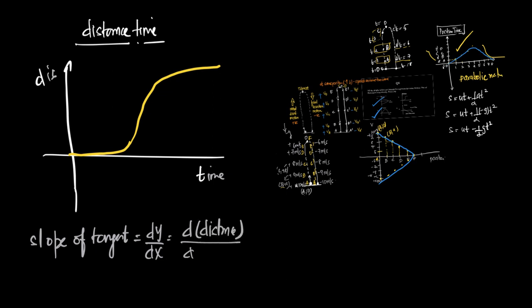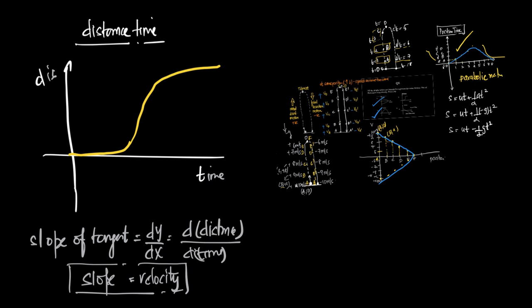Now, what is slope equal to? So slope is equal to dy by dx, which here is d by dt of distance, which is nothing but velocity, right? Oh, sorry, it's distance, not displacement. So it is nothing but speed. So the slope here will give you the magnitude of speed.